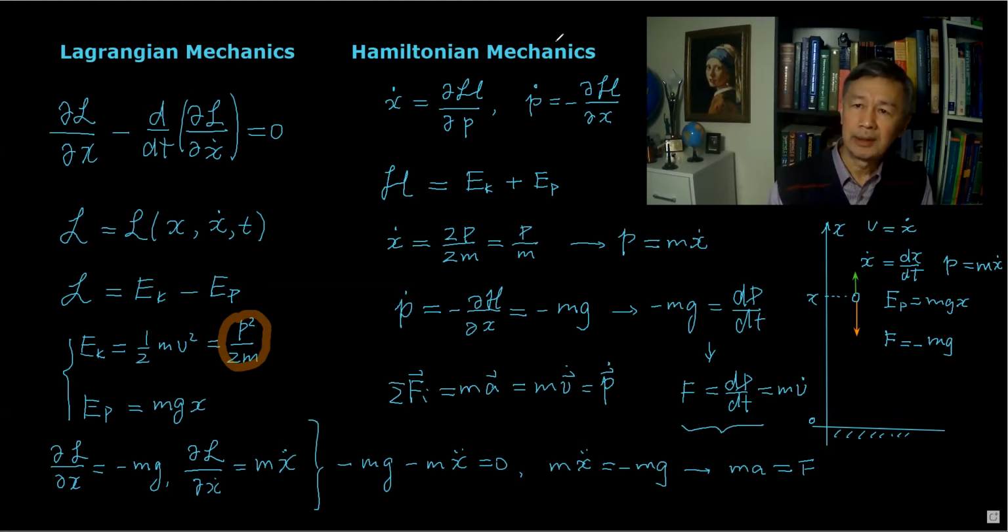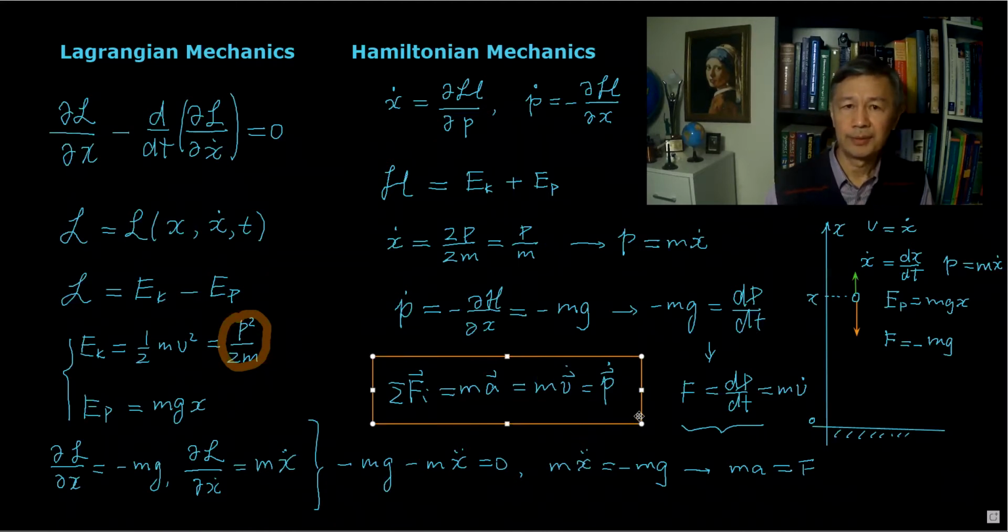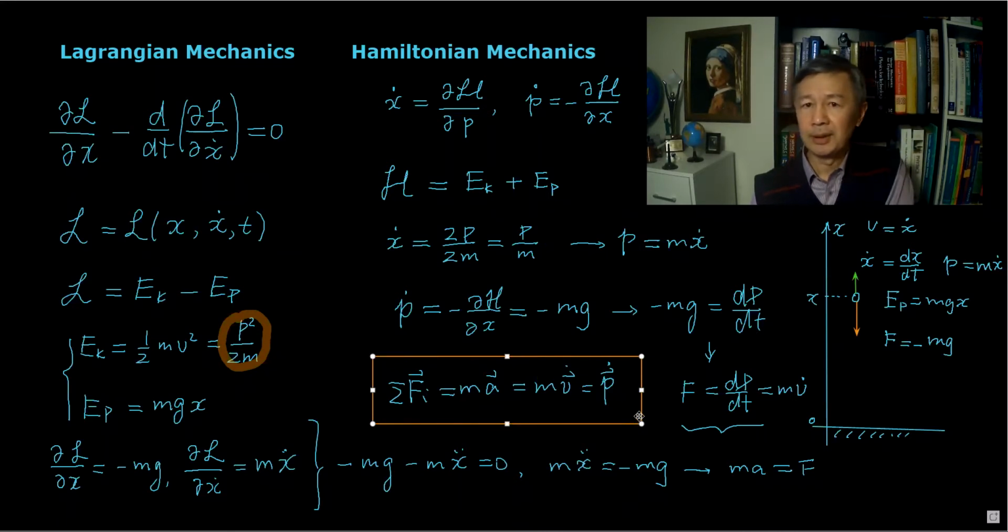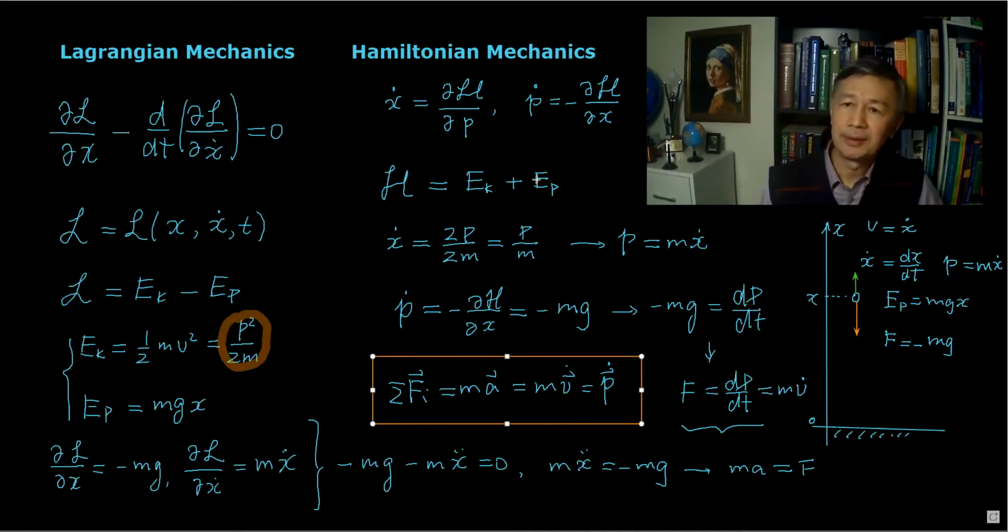So this is Newton's second law, which I want to highlight because it is at the core of both Lagrangian mechanics and Hamiltonian mechanics. I write it down here. This formula, in its different forms, is called Newton's second law of mechanics.